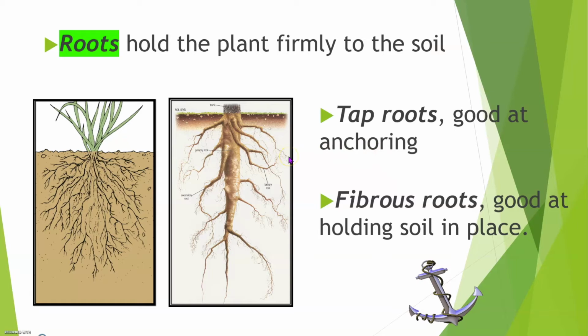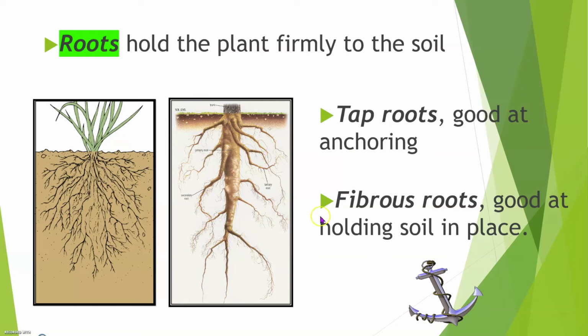It is a heavy object that the boat uses to moor the vessel into the sea bottom. So the anchor is used also to stop or to hold the boat in a particular place. Same with the plant, okay? This taproot is also good at anchoring, so the plant will stay in one place.